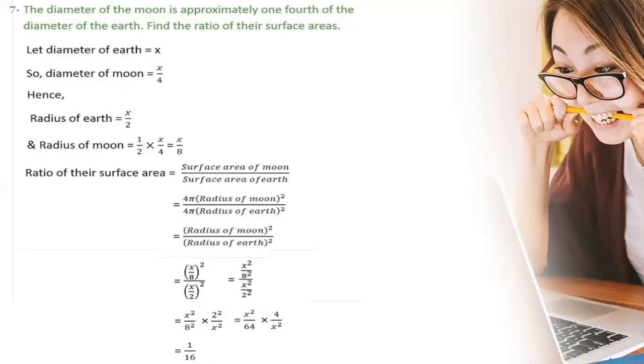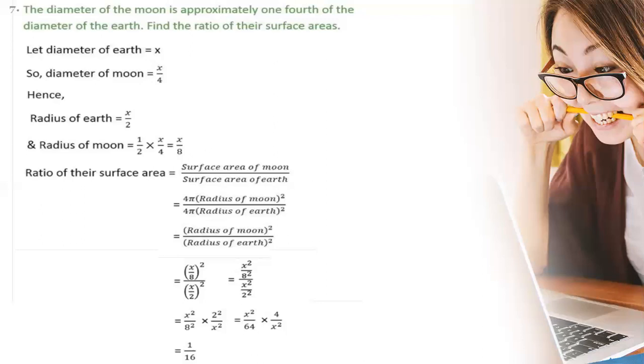So the diameter of the earth is x, and the diameter of the moon will become x by 4. Now we need to find the surface area. Let us suppose the moon and earth are in the shape of a sphere. So surface area is 4 pi r square. We need to find the radius of the moon and earth, which is diameter by 2.